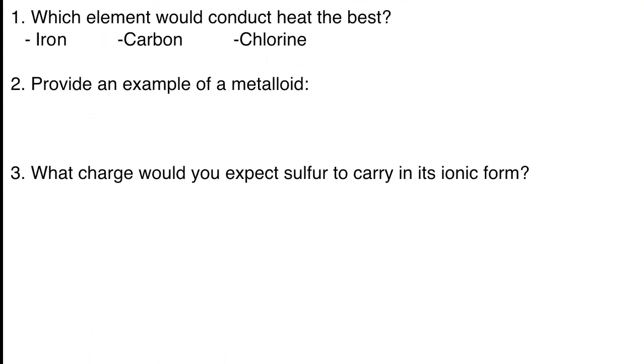The first one is, which element would conduct heat the best, iron, carbon, or chlorine? Number 2, provide an example of a metalloid. And number 3, what charge would you expect sulfur to carry in its ionic form? So that's what we're working with. You want to answer these, pause the video, and then come back and we will finish these up.